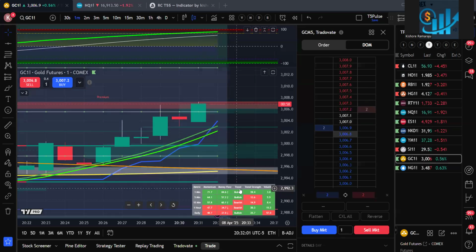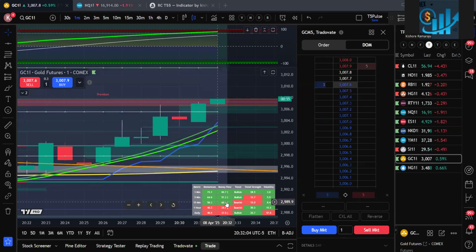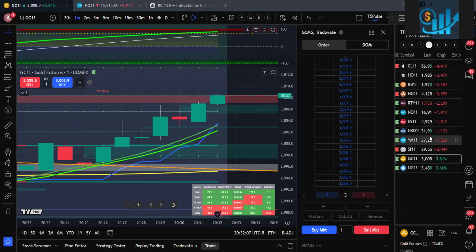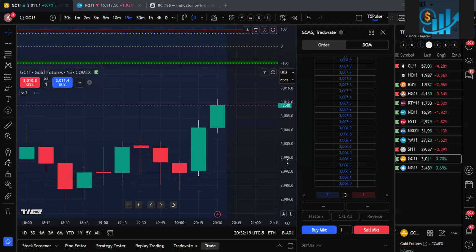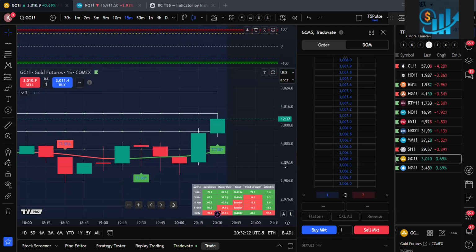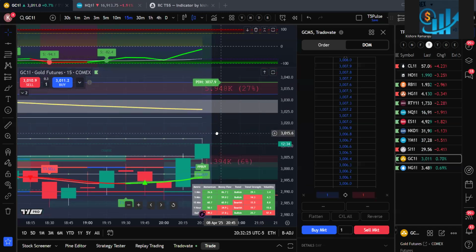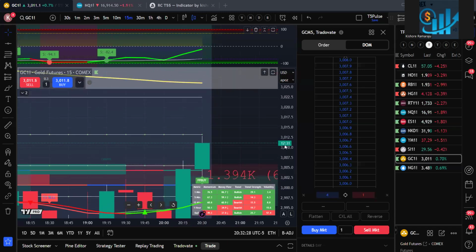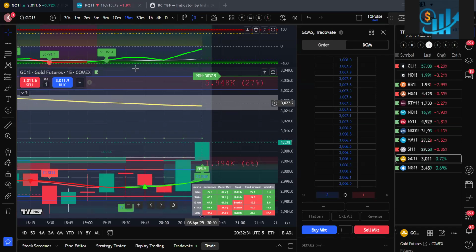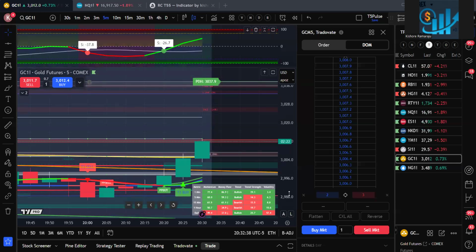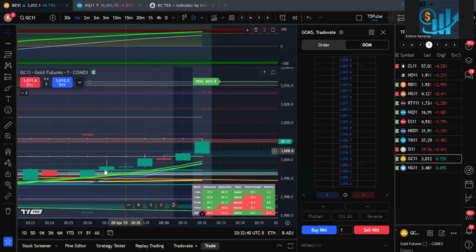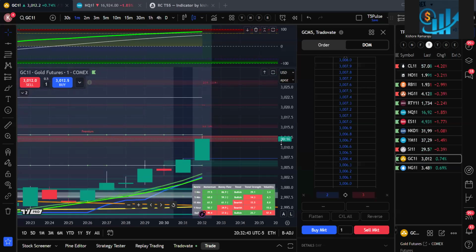So GC is bullish in 1 minute, bullish in 5 minutes, and 15 minutes also it is bullish. Generally when ES and NQ start dropping, gold generally goes up, so tonight also we may see that gold might move well. 5 minutes it is bullish, 1 minute it is bullish.